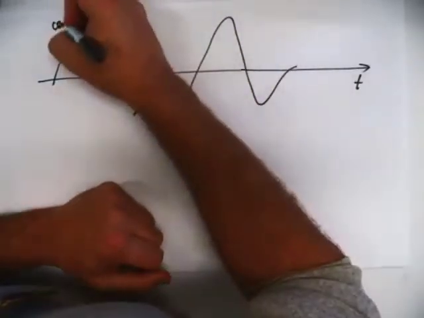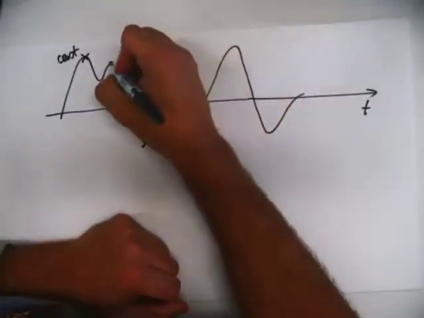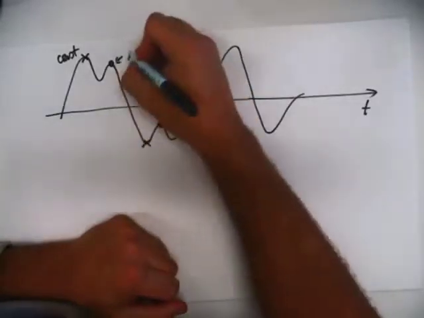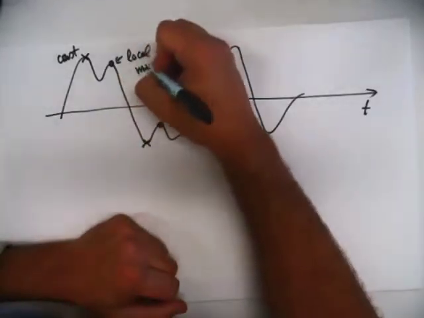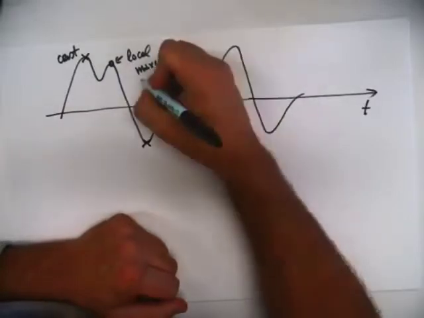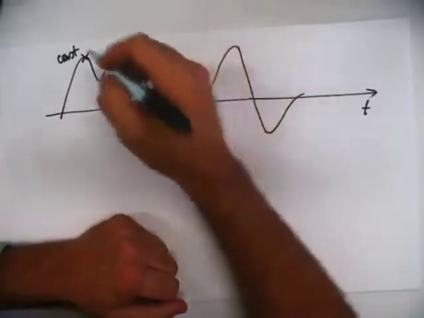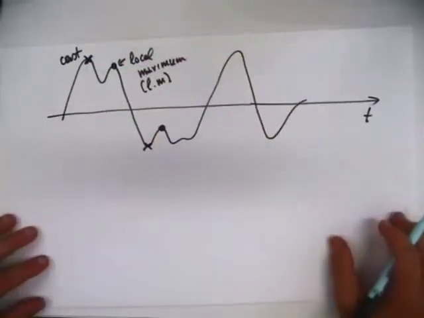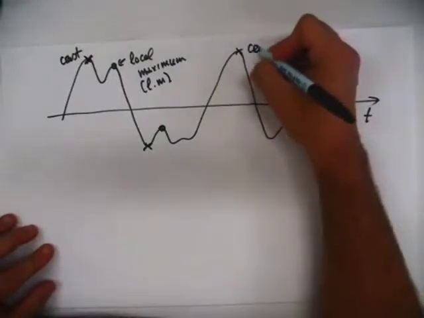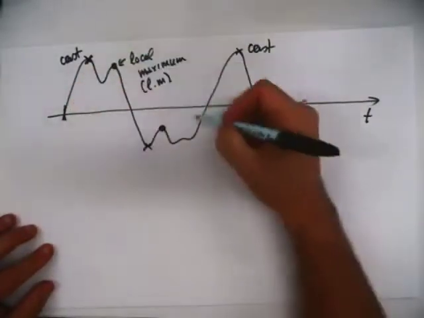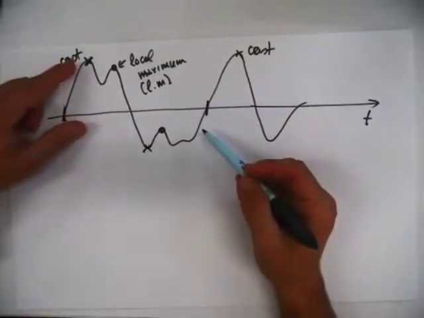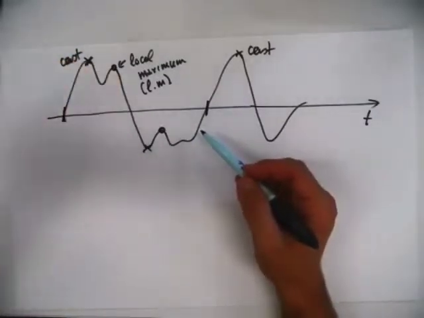This is the crest, which is also a local maximum, but we also have other local maxima, you see? So this is a local maximum. And of course we also have local minima, but let's focus on the crest. So you see that for this wave, we have one crest and basically two local maxima.